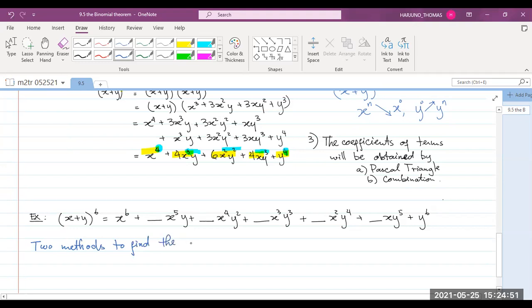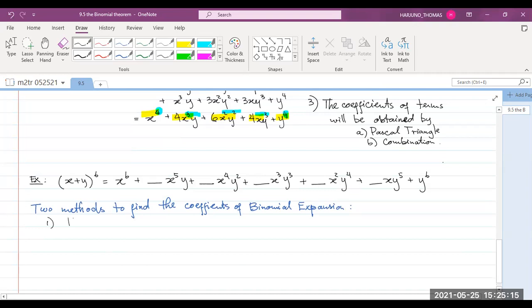The coefficients of binomial expansion. The first one is Pascal triangle. Pascal triangle is built this way.